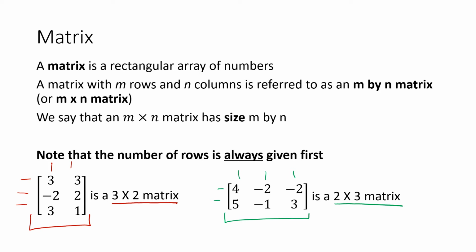Always give the number of rows first when you're talking about the size of a matrix. A 3 by 2 matrix is different from a 2 by 3 matrix. So the size of a matrix is the number of rows by the number of columns.